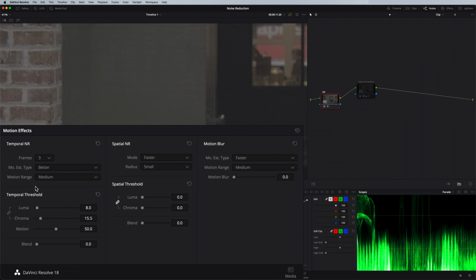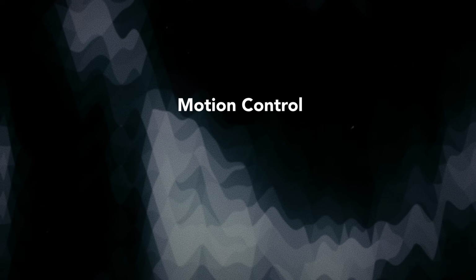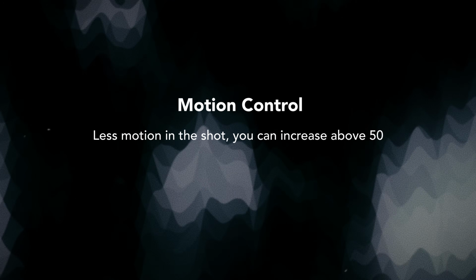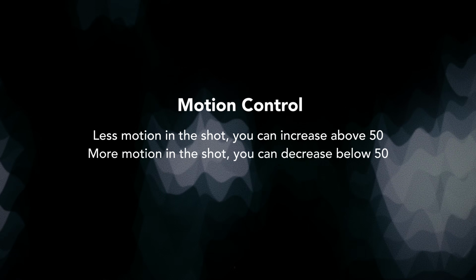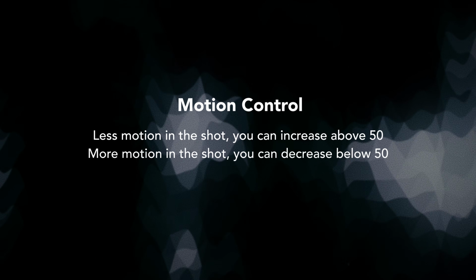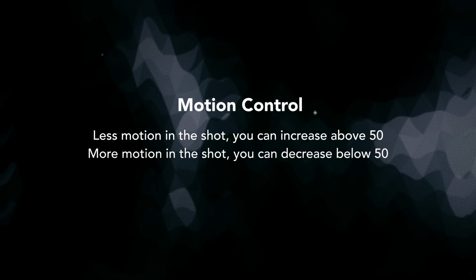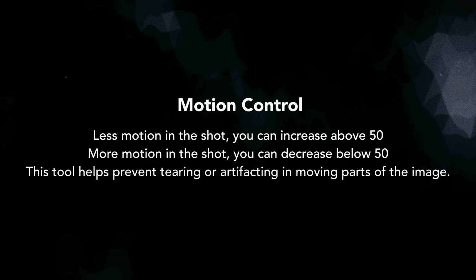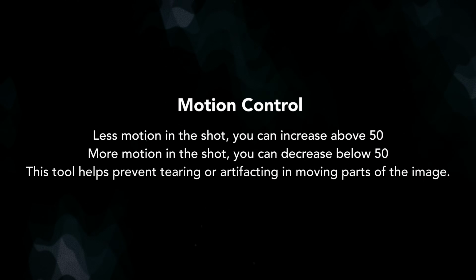And you can use those tools in tandem with the motion slider to remove any artifacting in moving parts of the image. If you have a shot with very little motion, you could increase the threshold. And if you have a shot with a lot of movement and motion blur, you could try decreasing the threshold to limit the artifacting in the moving parts of the image. I typically leave this setting at the default of 50 for most shots.